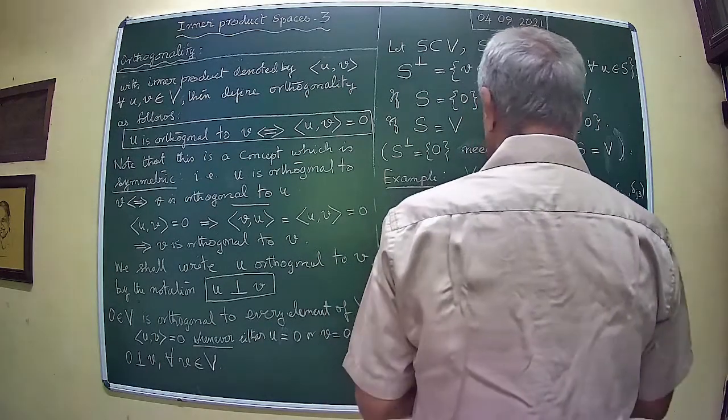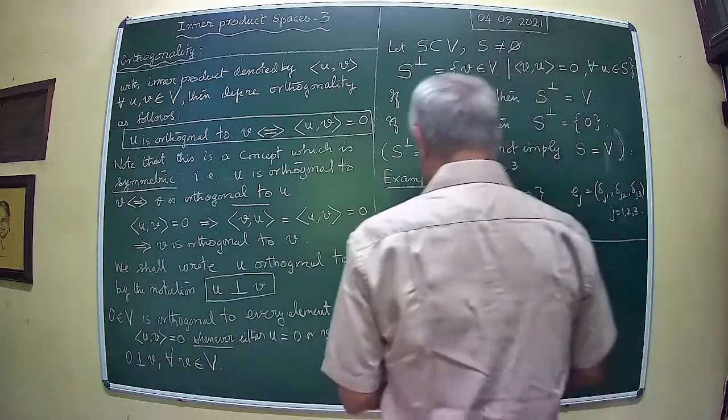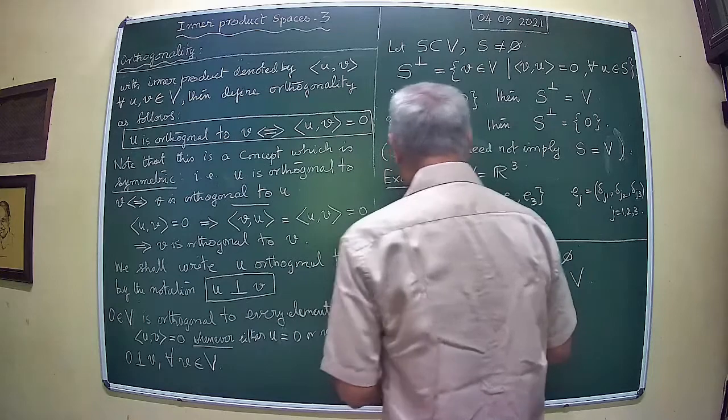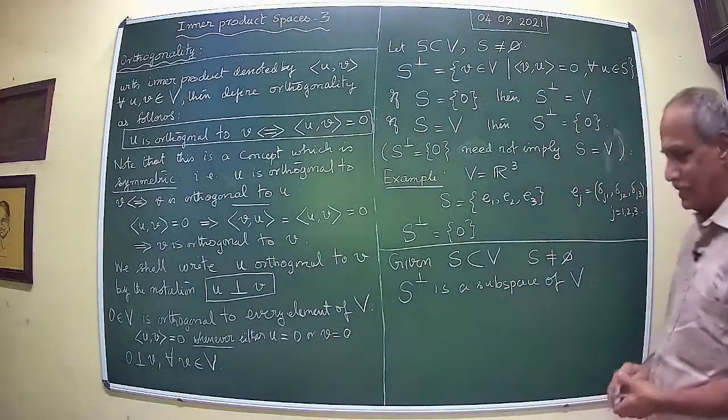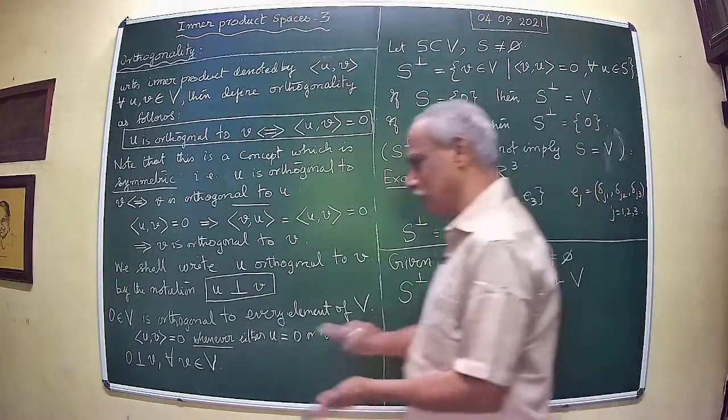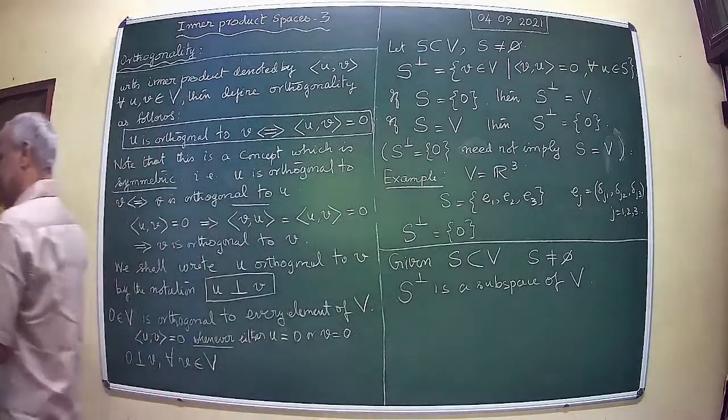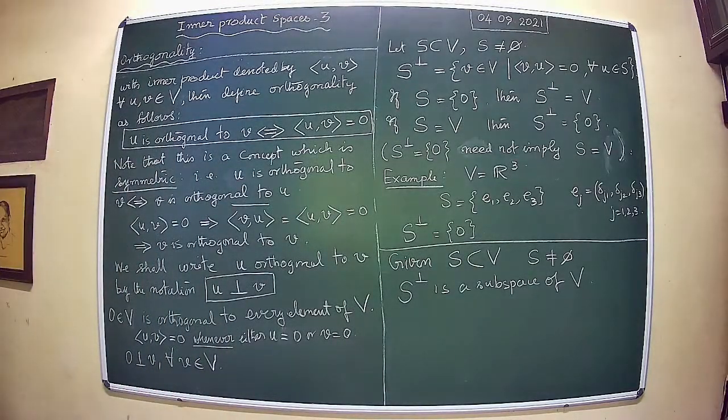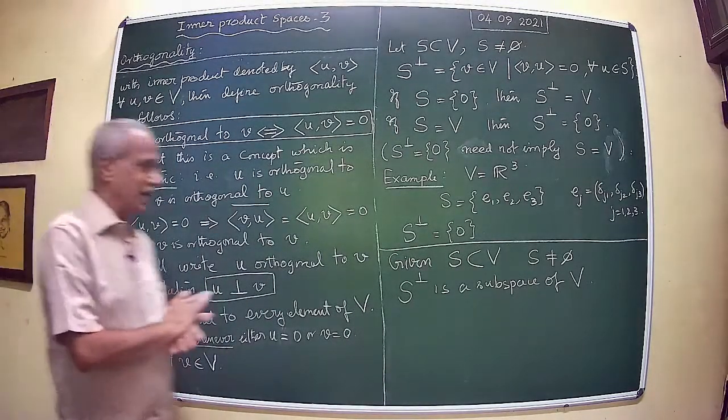That is quite easy to prove, so give a proof. For example, in R3, every time you see a new result, you just see what it means in R2 or R3.